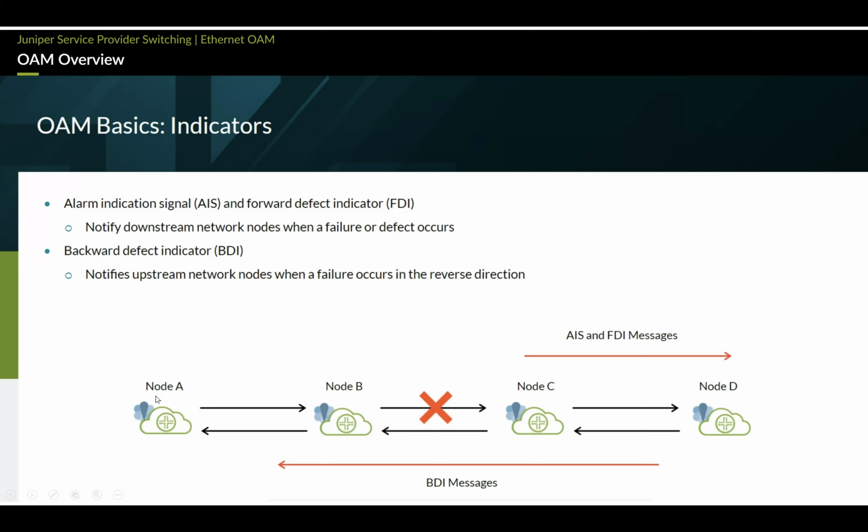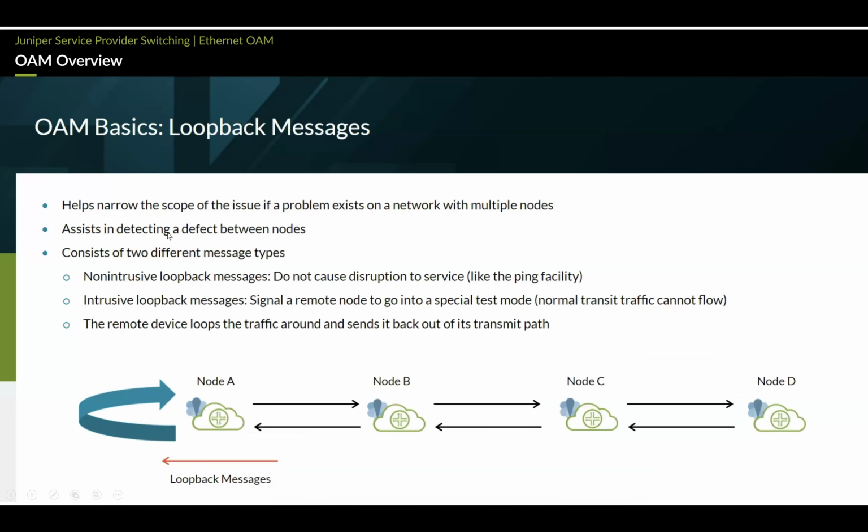So if something is wrong in the downstream node, they send AIS and FDI messages, and as a reply, they send a BDI message in the reverse direction.